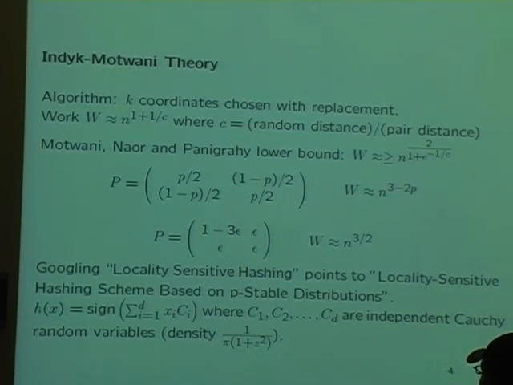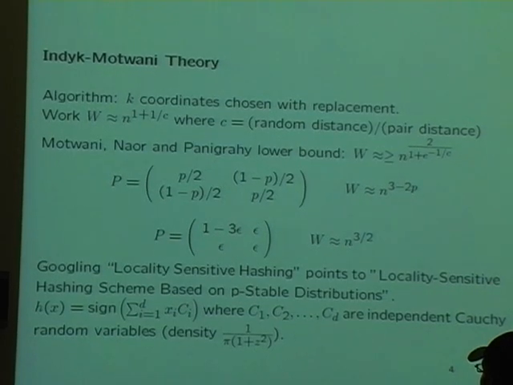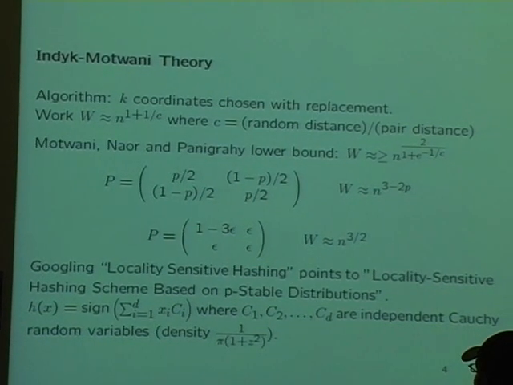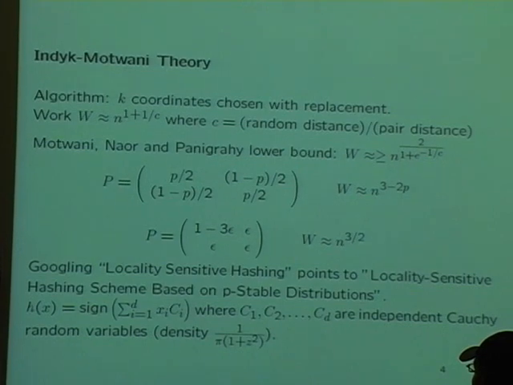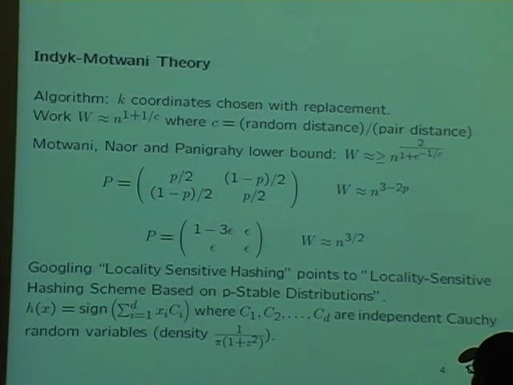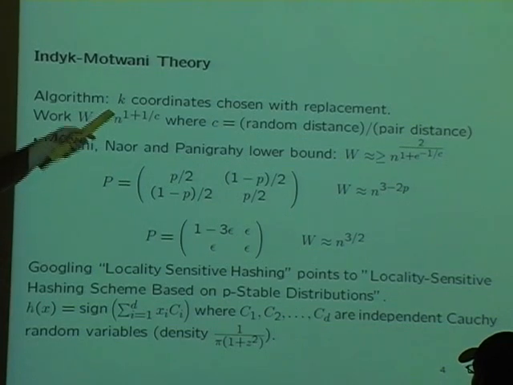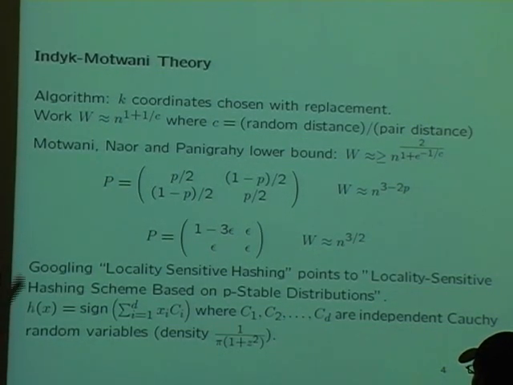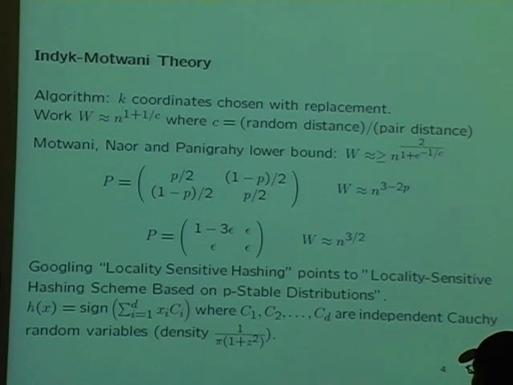So it's apples and oranges in one sense. Nevertheless, there are some comparisons to be made. The algorithm it's based on is an even simpler version of the bucketing algorithm that we saw at first, except that coordinates are chosen with replacement. So you can have the same coordinate chosen a few times, which seems a bad idea. But it makes the analysis easier because then you have independent choices.